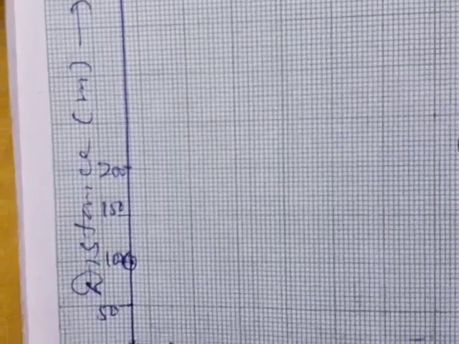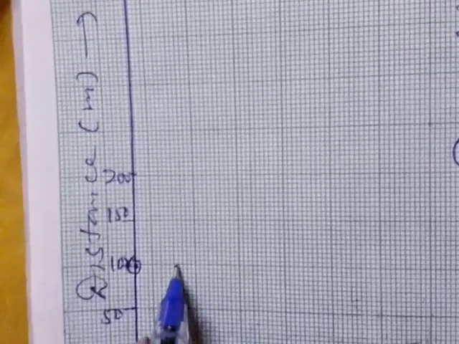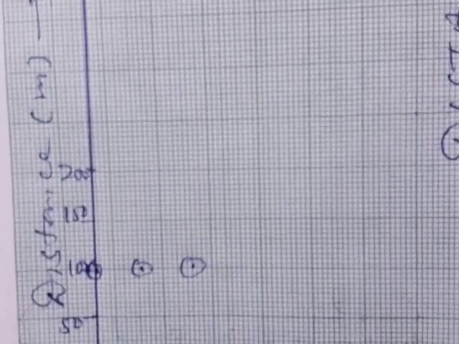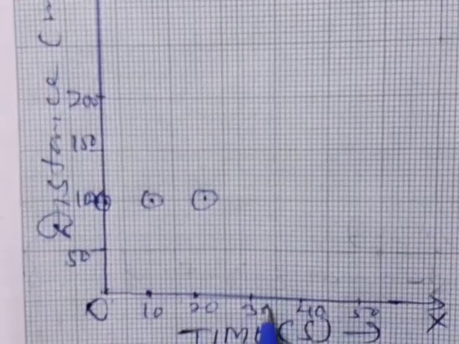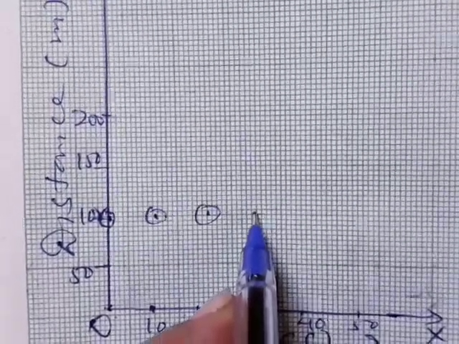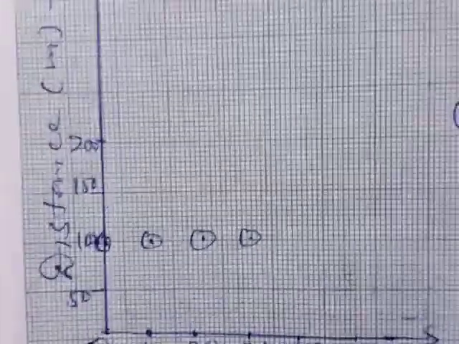Then after 10 seconds, if the position of the car is again 100 meter away from us, it will be here. After 20 seconds, the distance of the car is again 100 meter. After 30 seconds, the distance of the car is again 100 meter.